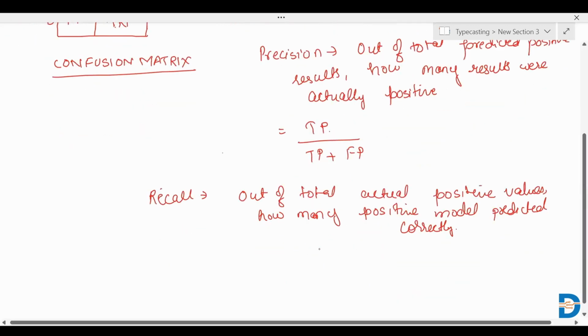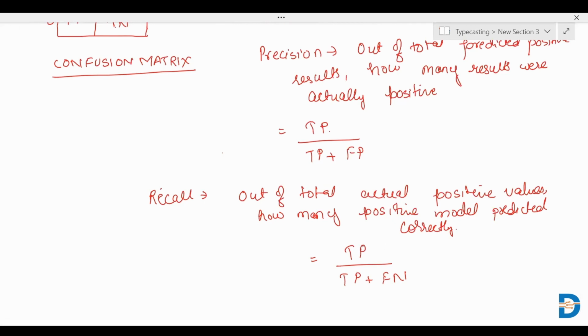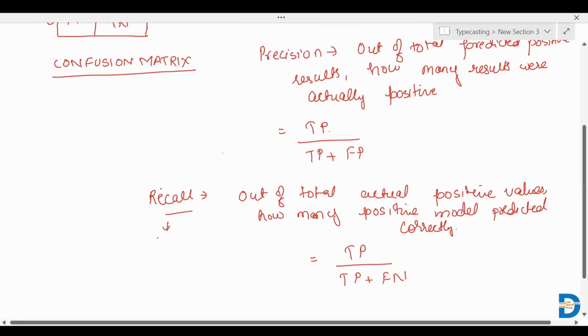The formula for recall is TP, that is true positive, divided by true positive plus false negative. So out of total actual positive values, how many did your model predict correctly? This is given by recall. Recall is also known as sensitivity.